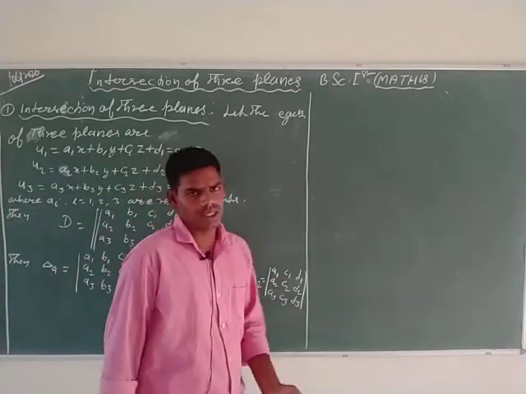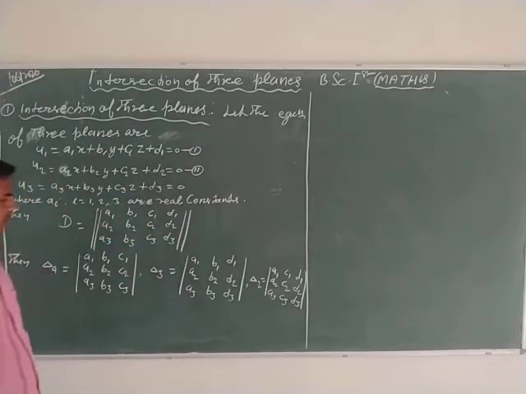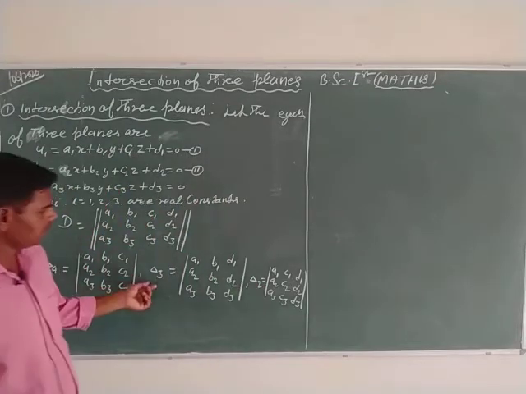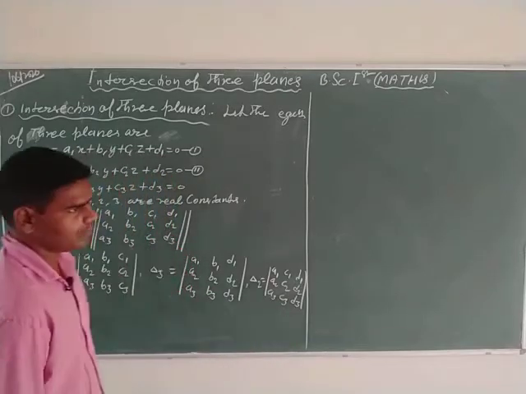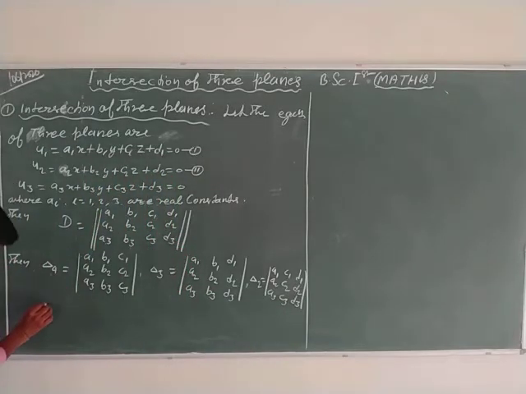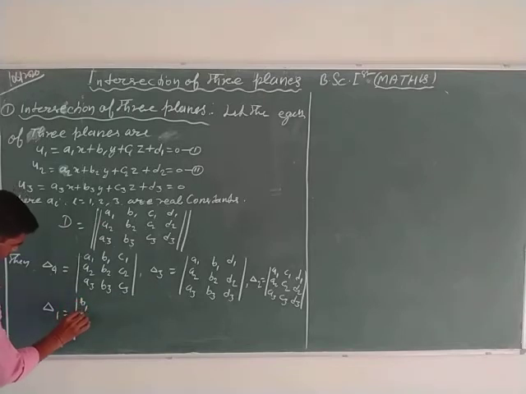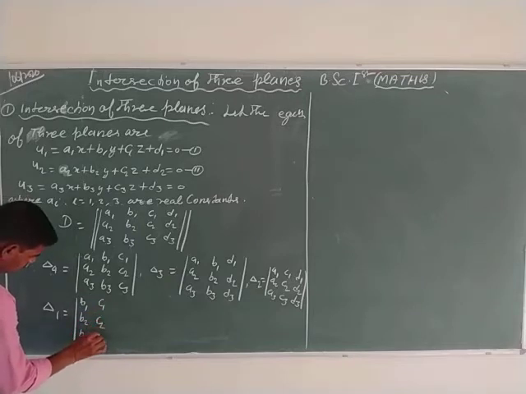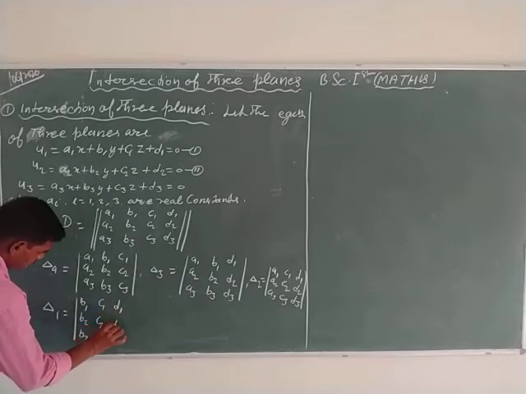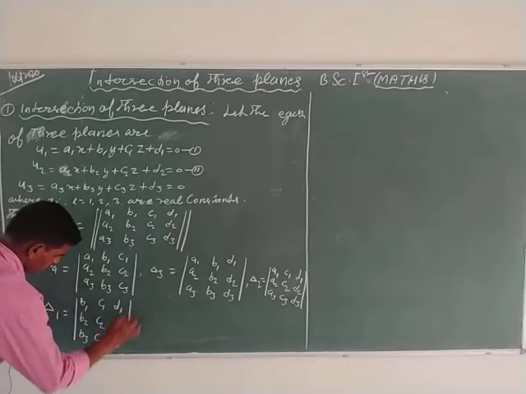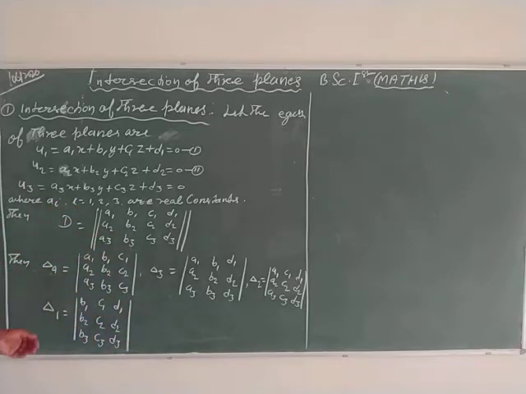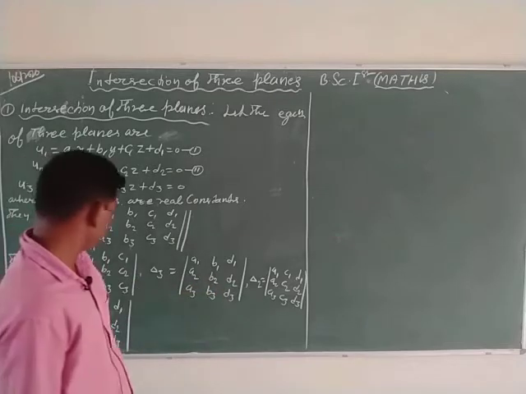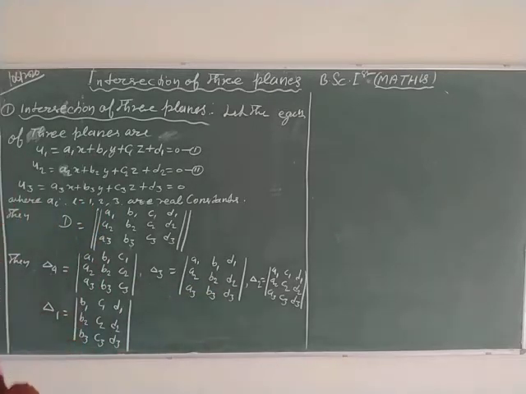Finally delta 1: the process is the same, it is the determinant after removing the first column, that is b1, b2, b3, c1, c2, c3, d1, d2, d3.